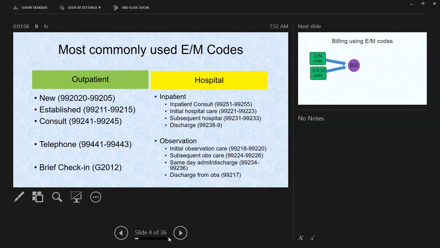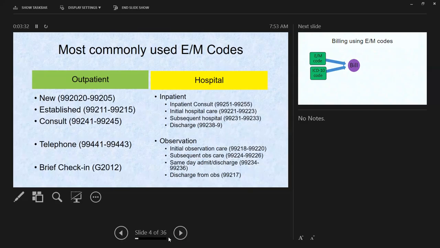It's the initial time that patient is being seen in the hospital that day. Subsequent hospital visits are every subsequent day that the patient's being seen, whether by the admitting service or a consultation service. And for discharge, the admitting provider can bill a discharge service. The consultant would not bill a discharge service if they're not being discharged from their own service themselves.